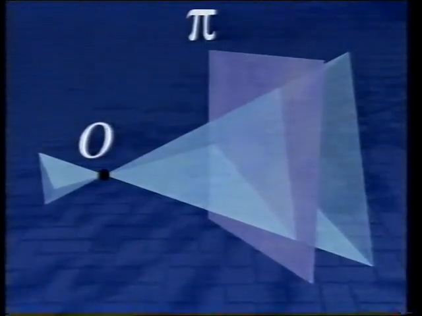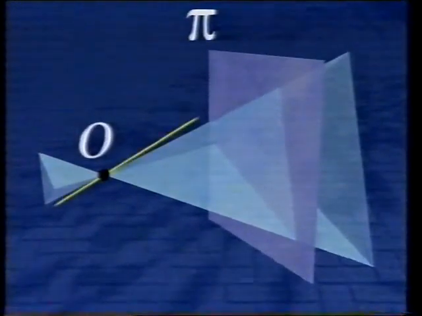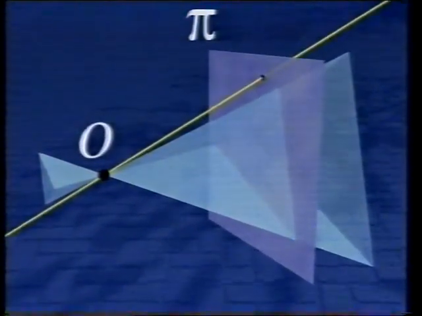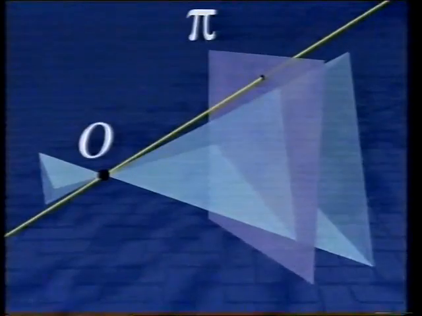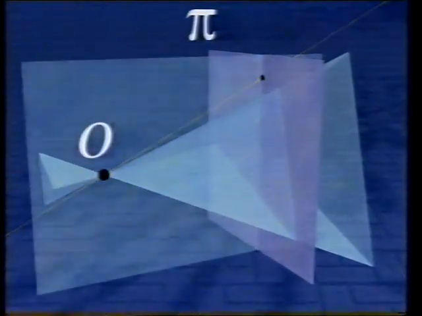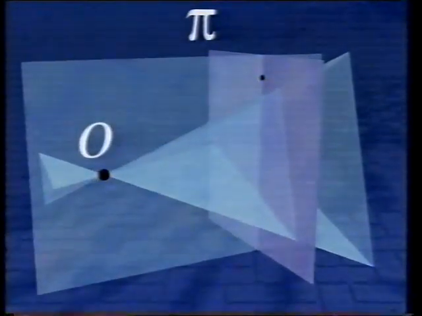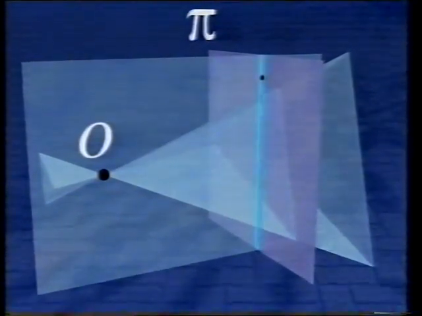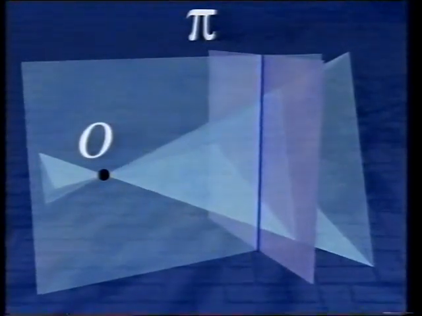It's called a plane of section. And if a Euclidean line through the origin meets this plane of section π, it meets it at a Euclidean point. If a Euclidean plane through the origin meets π, it meets it in a Euclidean line. You can think of cutting the projective figure with the plane π as taking a cross-section of a projective figure.